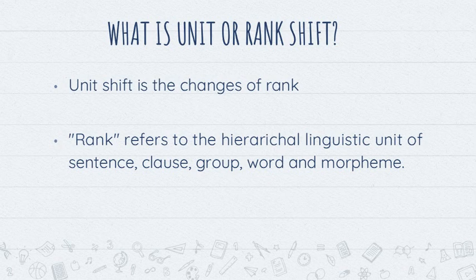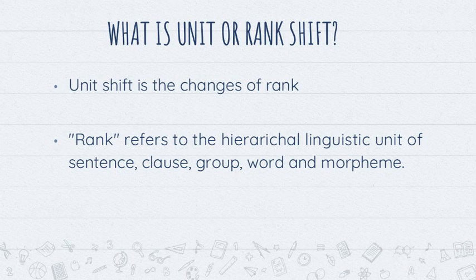Unit shift is the change of rank, that is, departures from formal correspondence in which the translation equivalent of a unit at one rank in the source language is a unit at a different rank in the target language. So, rank refers to the hierarchical linguistic unit of a sentence, clause, group, word, and morpheme.